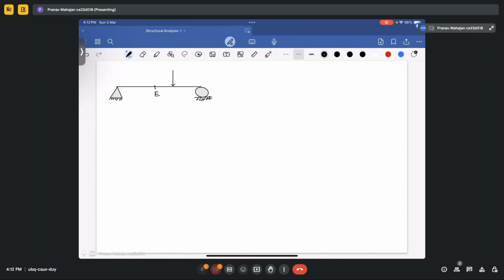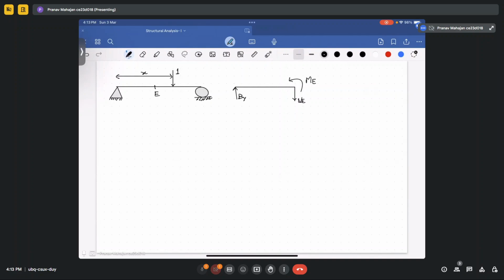So now, what will be your shear force at E? This time draw your free body diagram. So this will be your By. This will be your VE. This will be your ME.